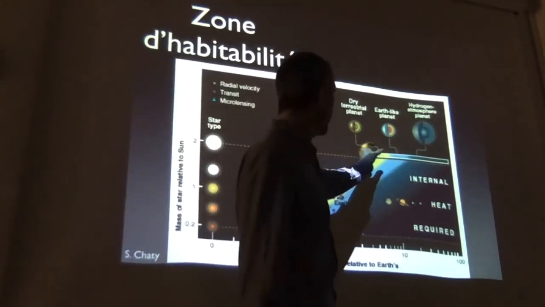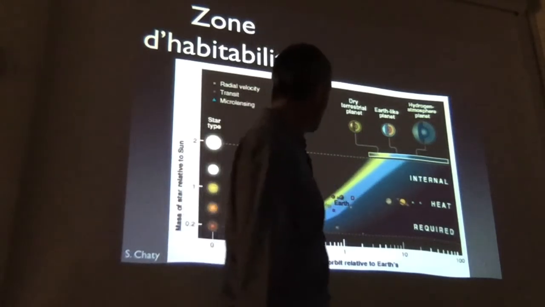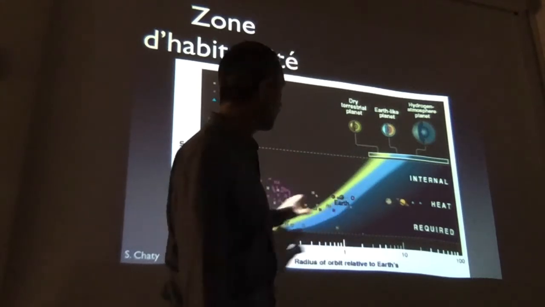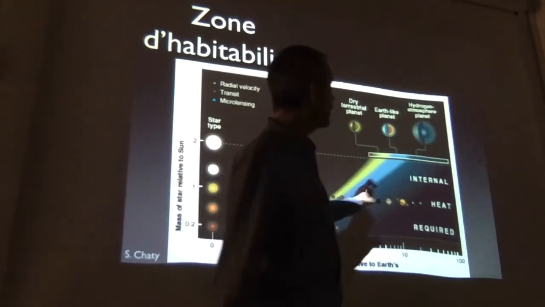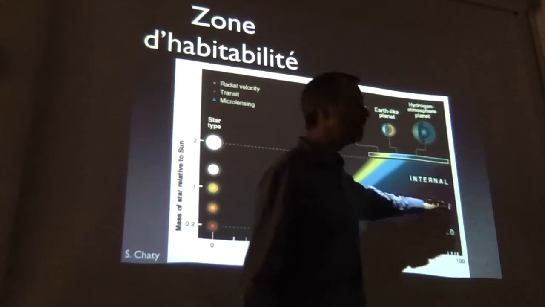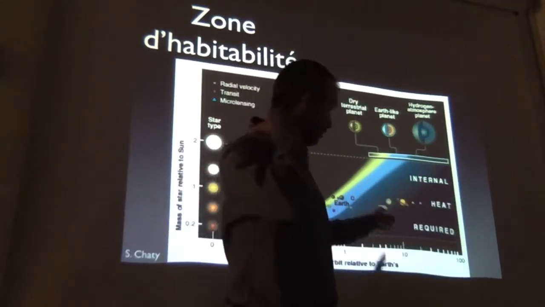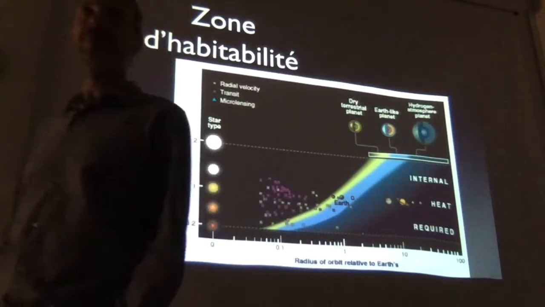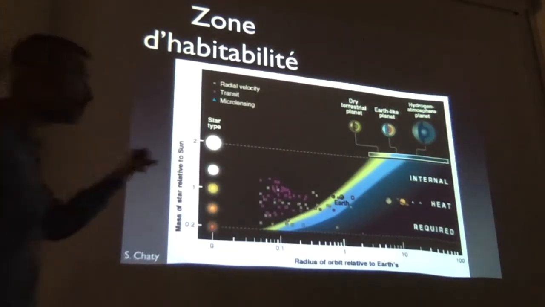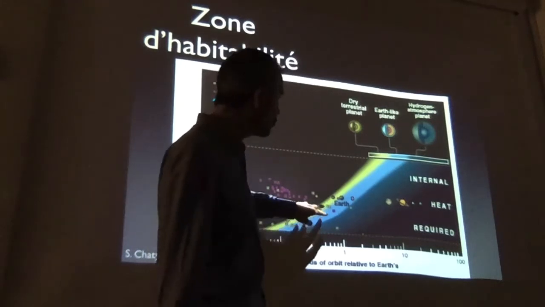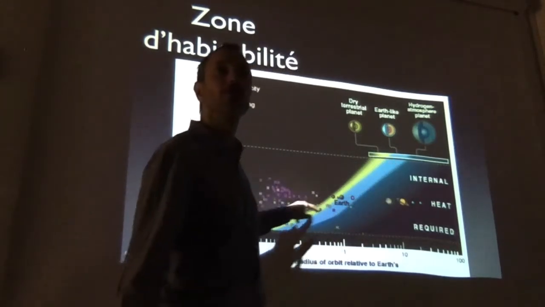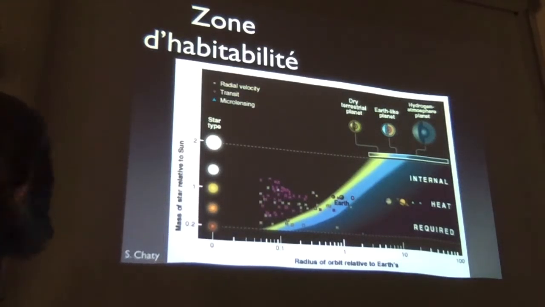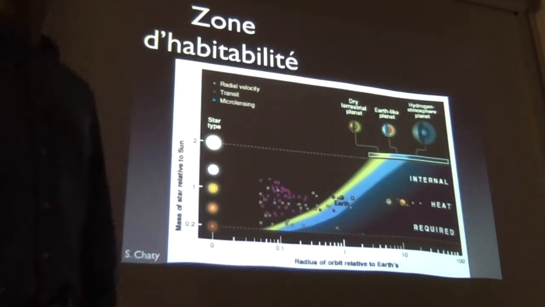So this is a dry terrestrial planet in sort of green. This is the Earth-like planet, and this is the hydrogen atmosphere planet. And here you need some internal heating. So if you are close to Jupiter, Saturn, etc., you need some internal heating. So you see that we don't know many exoplanets inside the habitable zone as we define it yet. We'll find some more.